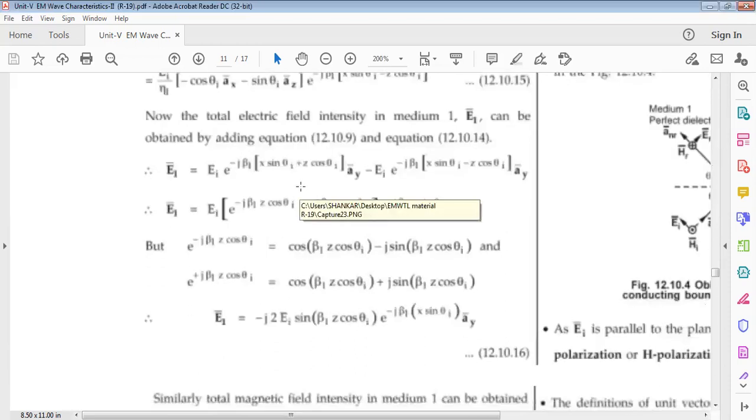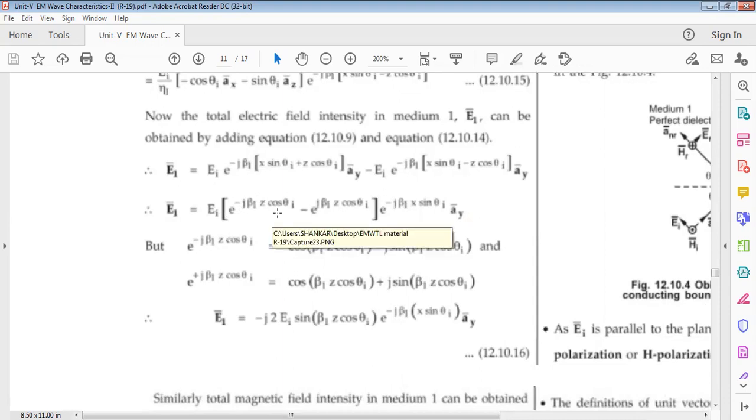So in these two equations, EI is common, take the EI as common, e power minus j beta 1 x sin theta I is common here also. e power minus j beta 1 z cos theta I and e power plus j beta 1 z cos theta I. What is the e power jx minus e power minus jx, by the cos function?